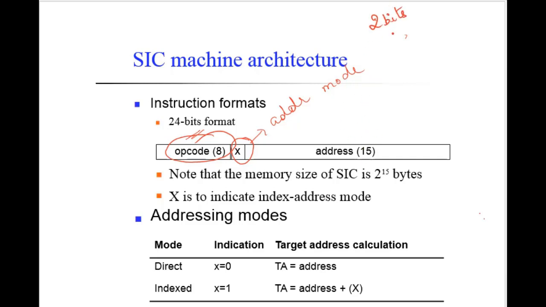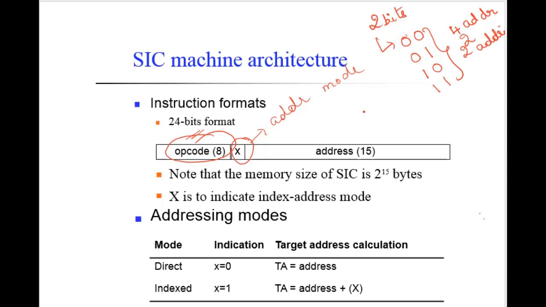What possible addresses can I frame out of these 2 bits? I can have 00 as one address, 01 as one address, 10 as another address, and 11 as another address. So with 2 bits, I can frame 4 addresses which can point to 4 different locations. 4 is nothing but 2 raised to 2.